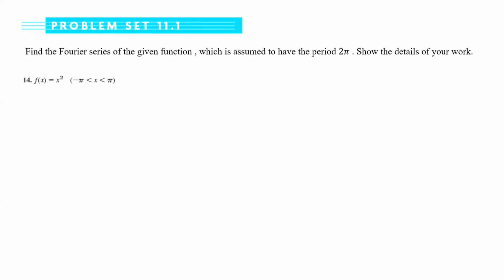Similarly, we have question number 14. We have to find the Fourier series for the function f(x) equal to x square, defined in the interval minus pi to pi, with period 2 pi. That is, it repeats itself after an interval of 2 pi, that is, f of x plus 2 pi is equal to f of x.